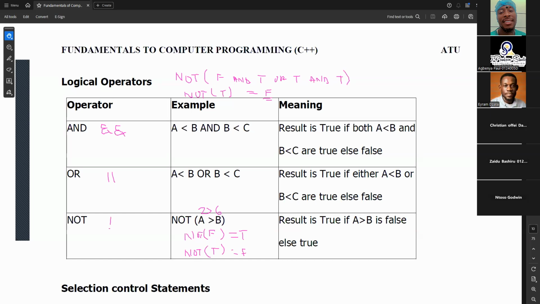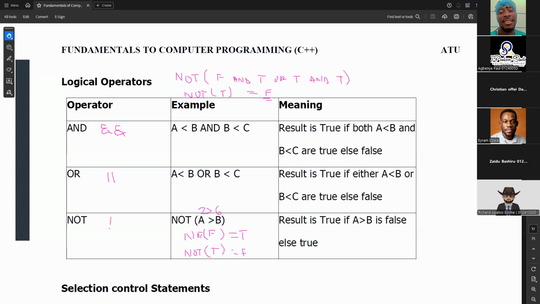Good evening, sir. My question was about the example you gave, and the reply my colleague also gave, where A was 2, B is 6, and C was 4.